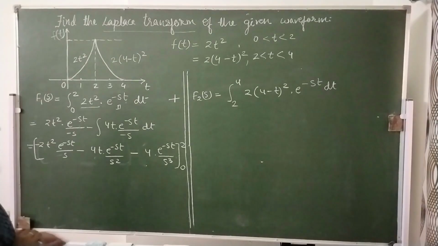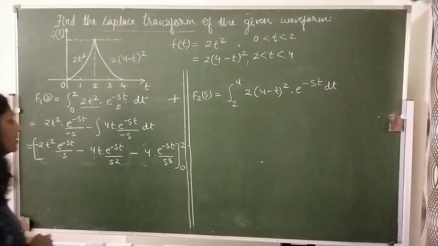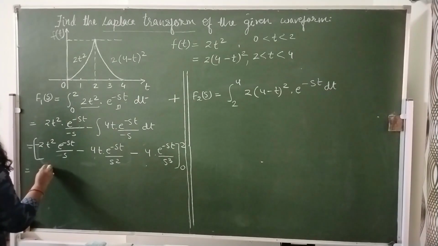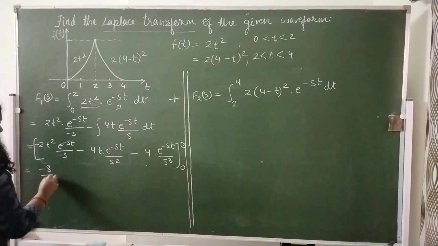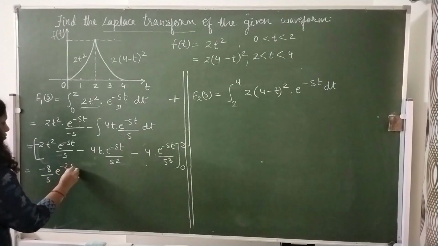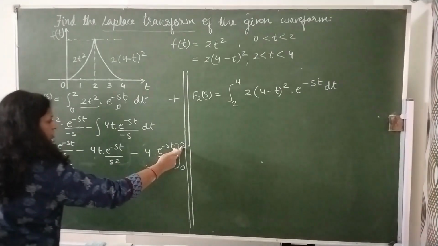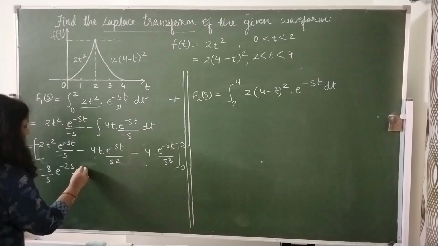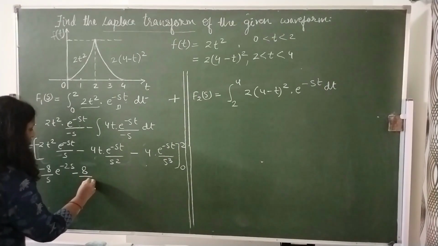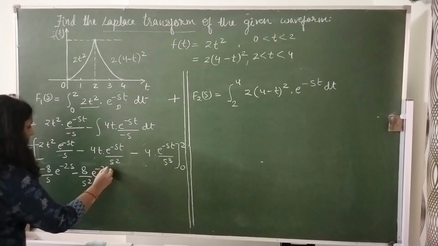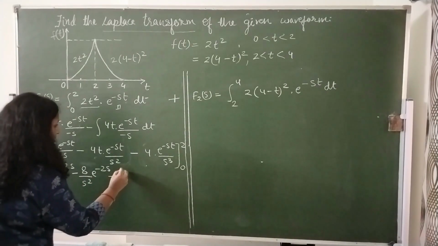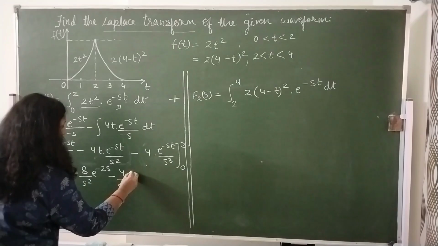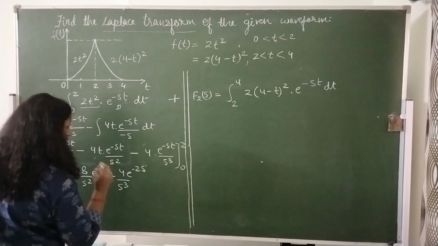First we will put this upper limit, then lower limit. So this is minus 8 by s e to the power minus 2s. Put t equals 2 in every term. This is 8 by s square e to the power minus 2s. Third term 4 by s cube e to the power minus 2s.